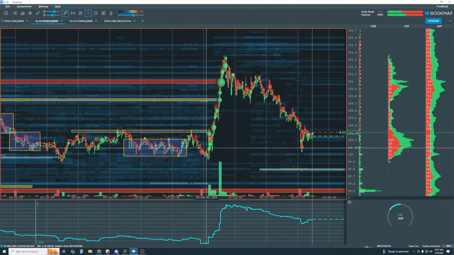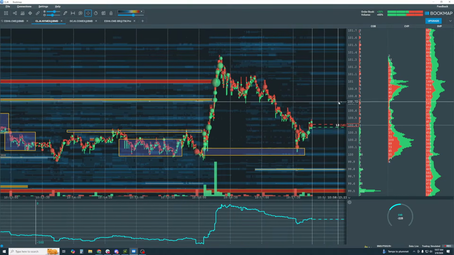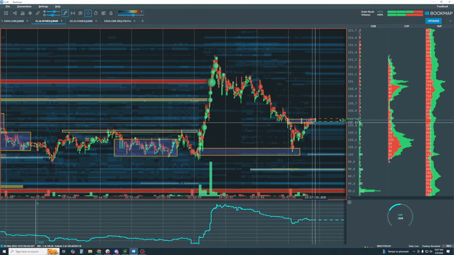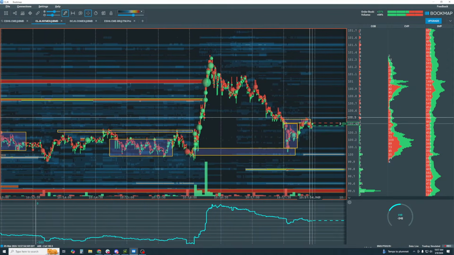Okay, this is actually where it broke out from, and that's where it's being supported right now. Okay, right here. Now let's see, do we get more buyers again? Well, it's possible right here at this level, because these sellers need buyers back up above it here.